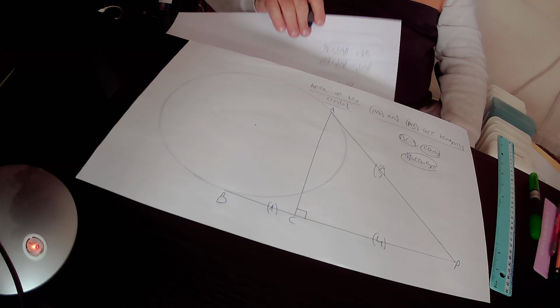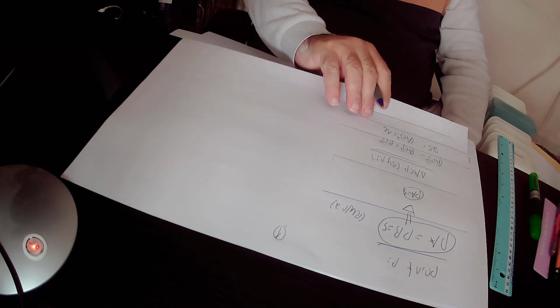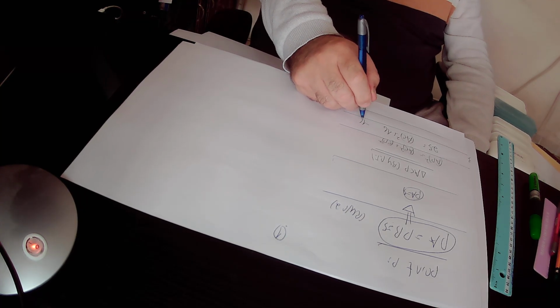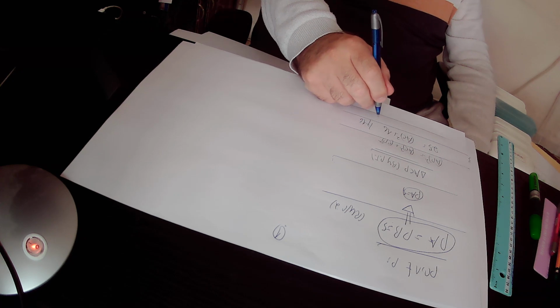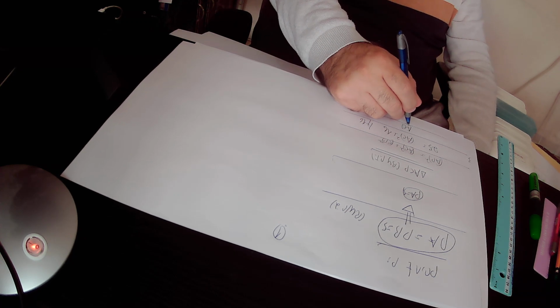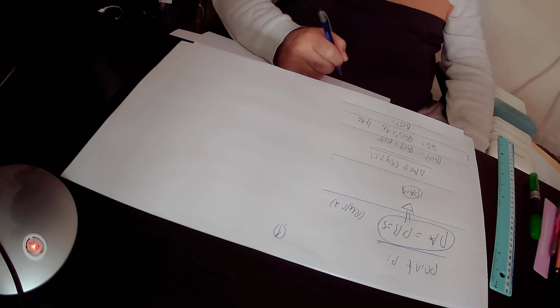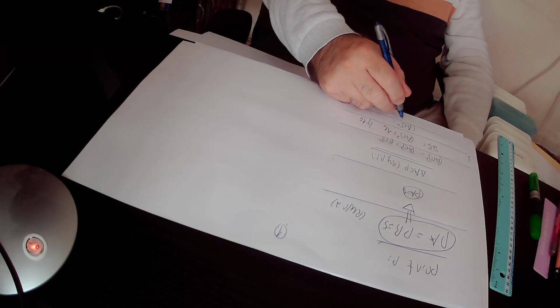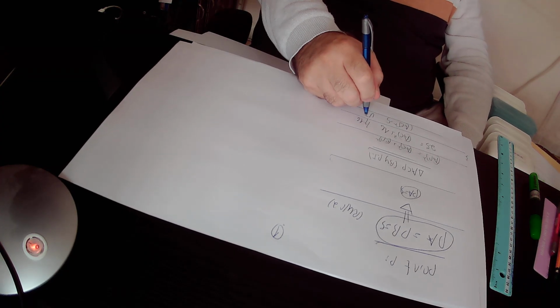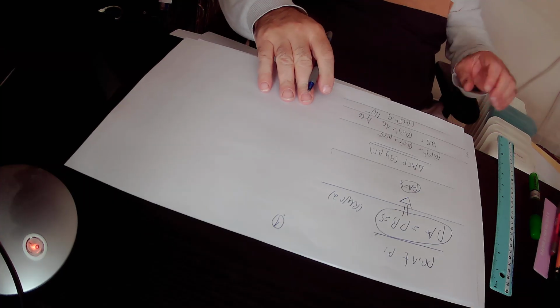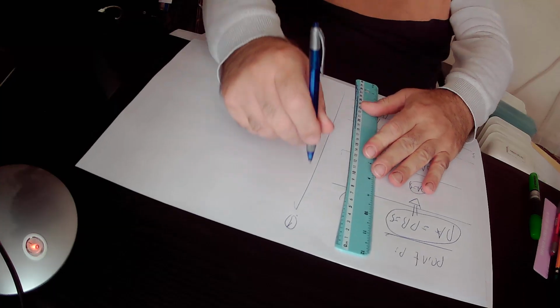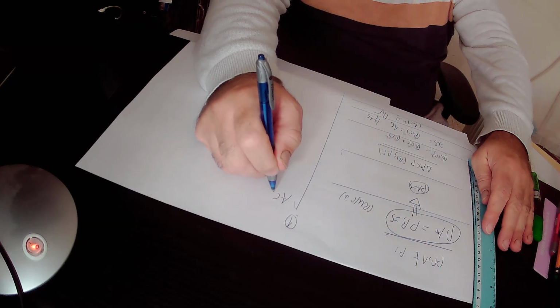So if you know that 25 equals AC squared plus 16. Here we subtract 16 from the equation, and I get that AC squared equals 25 minus 16, which is 9. So AC squared equals 9. Here we take a root out of the equation, and I get that the missing side AC is equal to the square root of 9, that is 3.